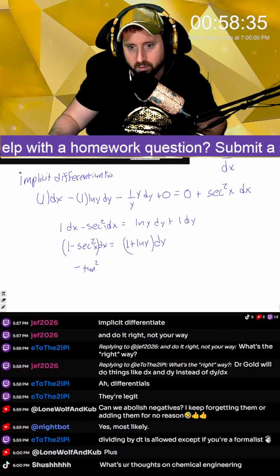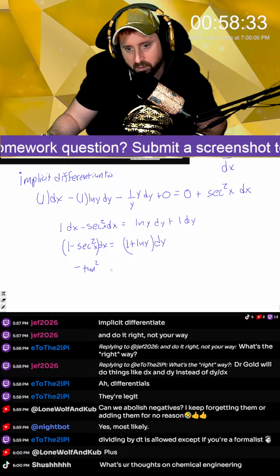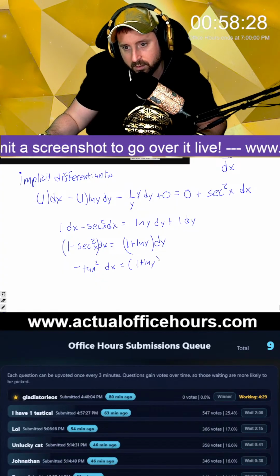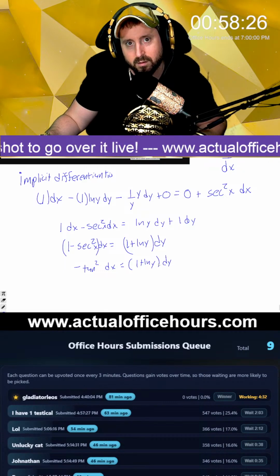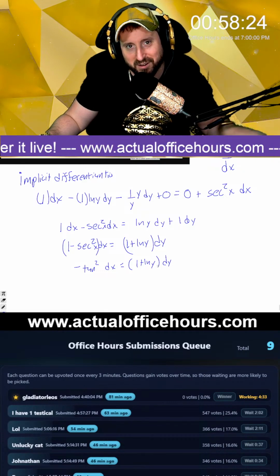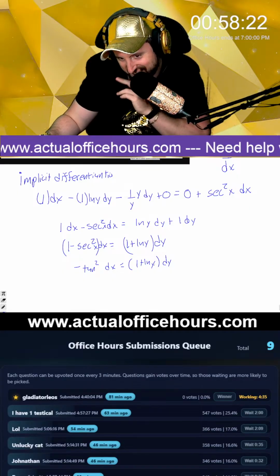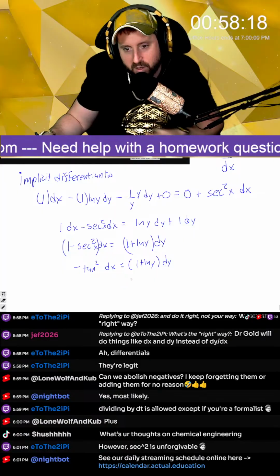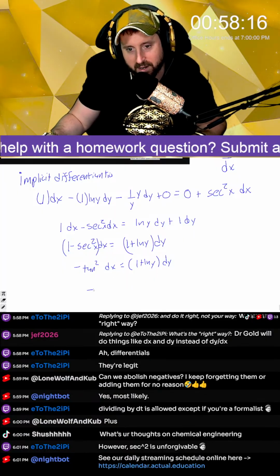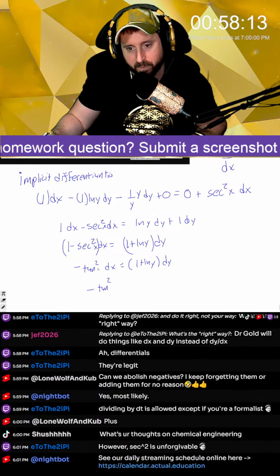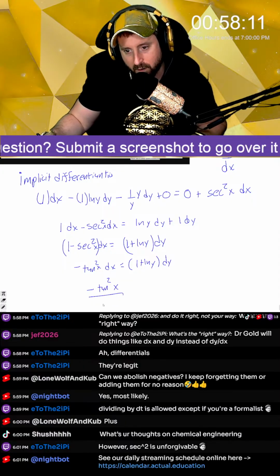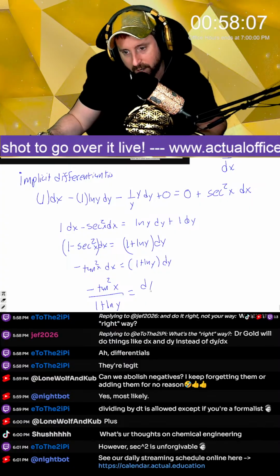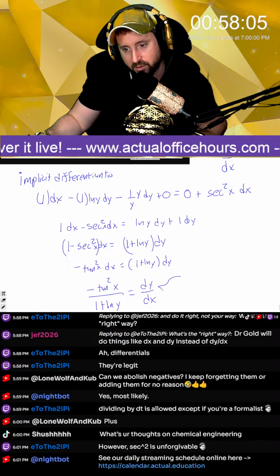I forgot to put the x. dx is equal to 1 plus ln of y. Secant squared is unforgivable. And then we divide this, so I get negative tangent squared of x over 1 plus ln of y is equal to dy over dx. And this is the slope of the tangent line.